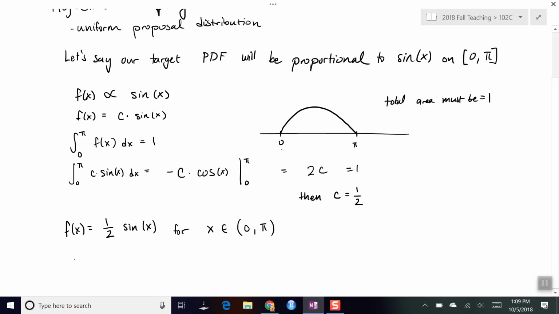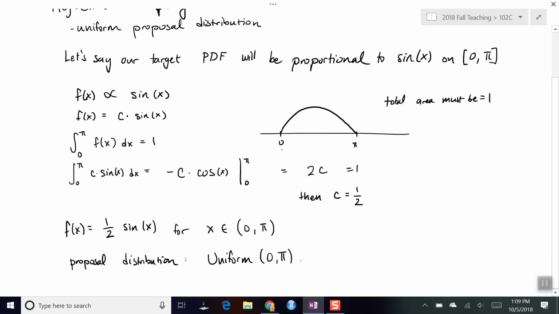Okay, and what we'll have is a proposal distribution, and this will be a uniform distribution on 0 to pi.